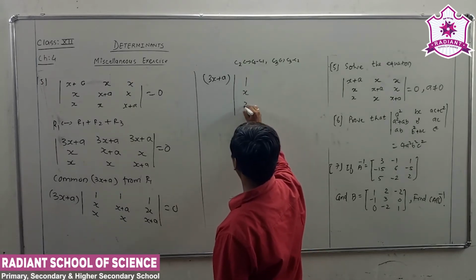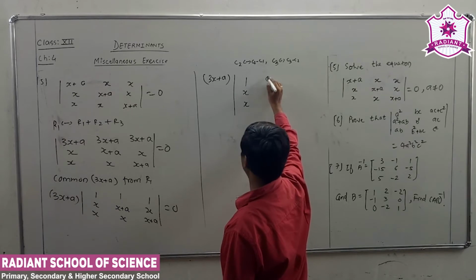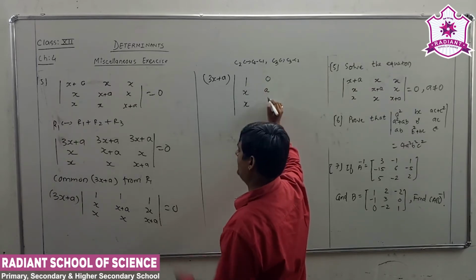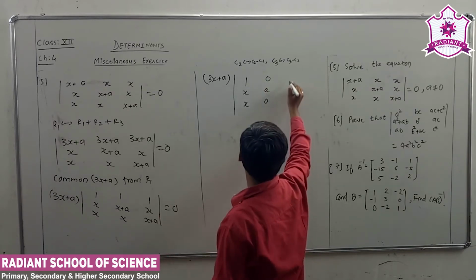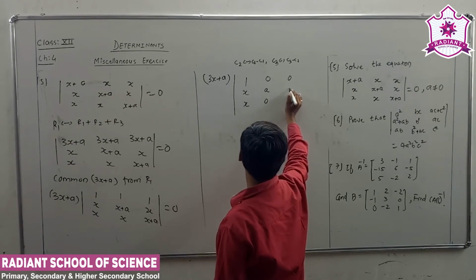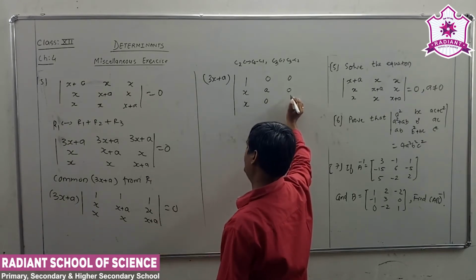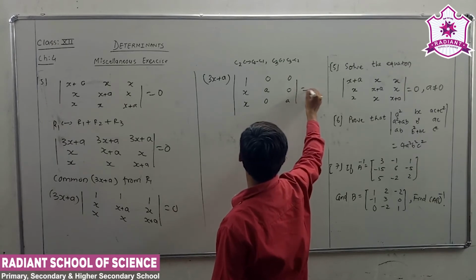Right, so 1x as it is, right? So 1 minus 1 is 0, here only a, again 0, that means 1 minus 1 is 0, again 0, and x, so here only a. So clear, is equal to 0.